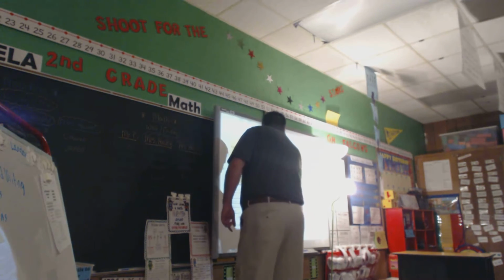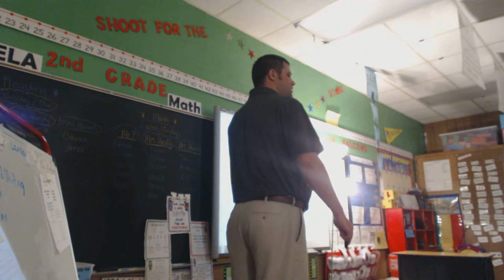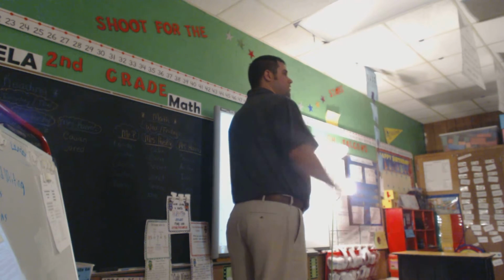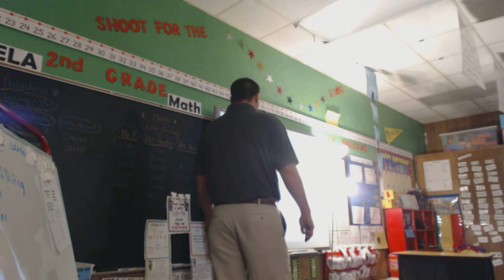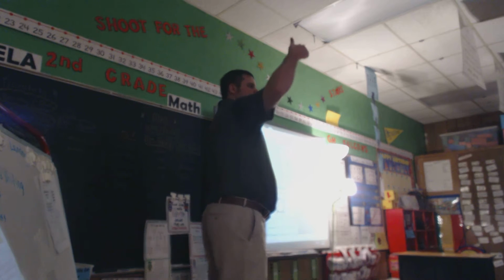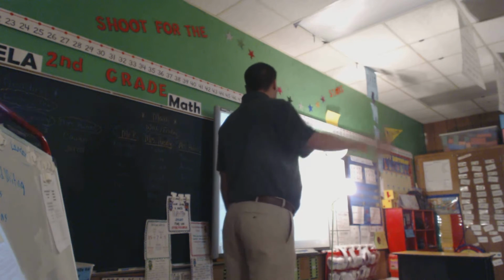If we add them all up, what was the total amount of presents? Rule number 2. Aiden: 20. If you agree with Aiden, thumbs up. Waiting on another student. Everyone thumbs up. Very good.